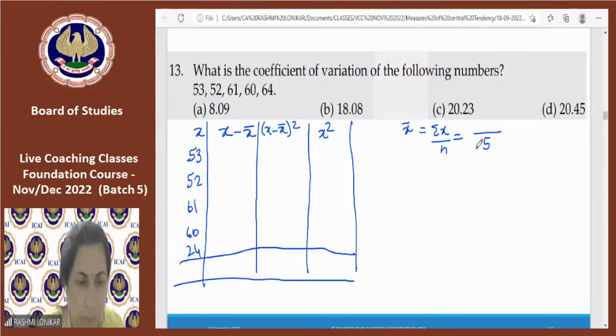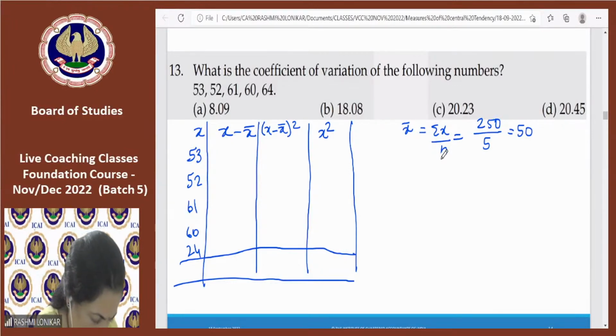Some sums we have done, but some had a little doubt, so we are taking them again. 53 plus 52 plus 61 plus 60 plus 24. So this is 250 upon 5, which is equal to 50. This is correct? Just check. Oh, 64. Thank you so much. This is 64.